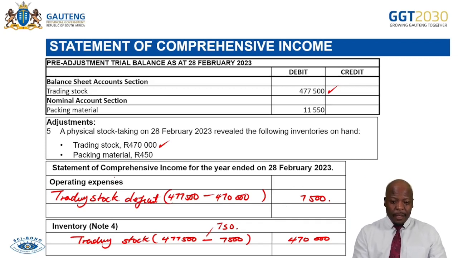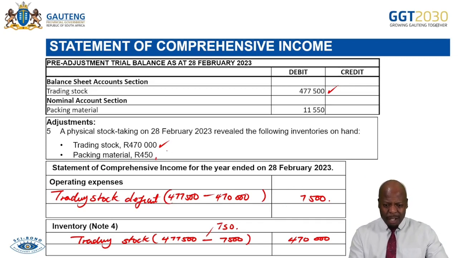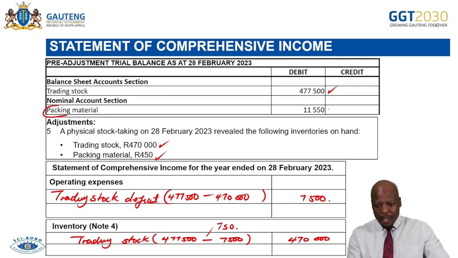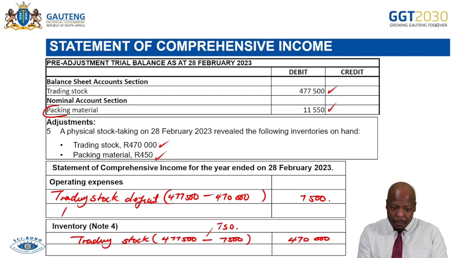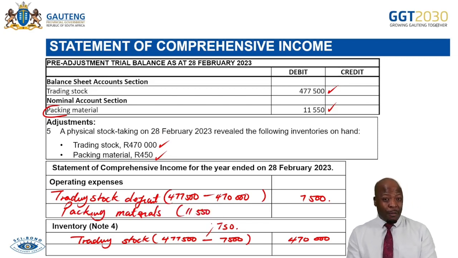And then the next one, we have packing materials on hand. But we understand in our nominal accounts, we have packing materials of 11,550. This is what we have incurred as an expense when we acquired our packing materials. So we will come here, then we say packing materials. We have acquired packing materials for 11,550, but we did not use all of them.